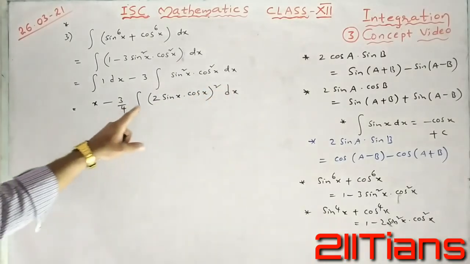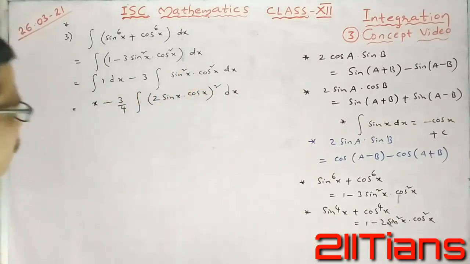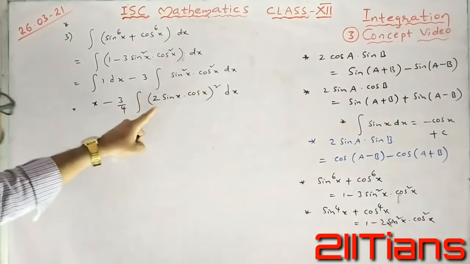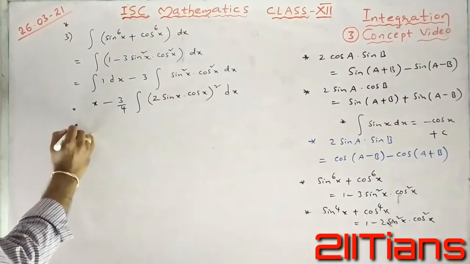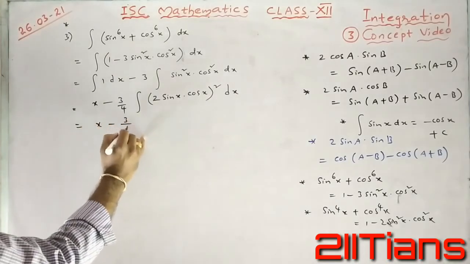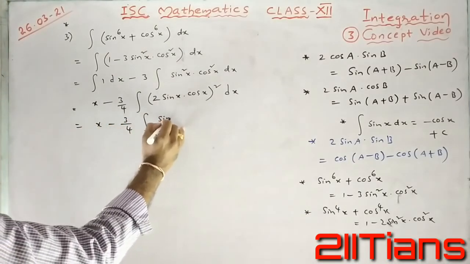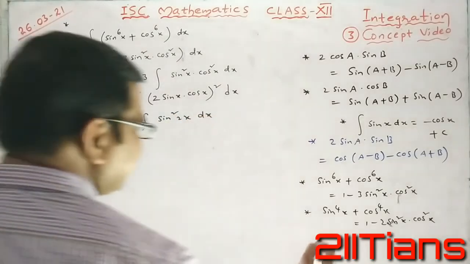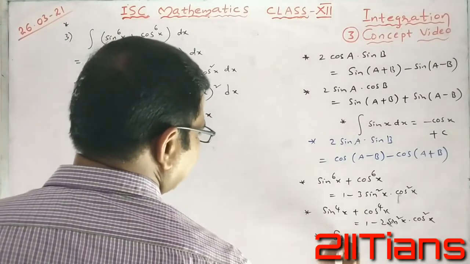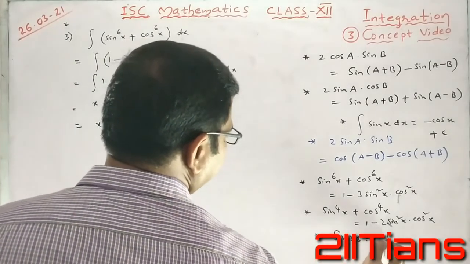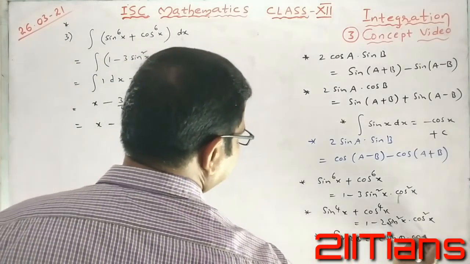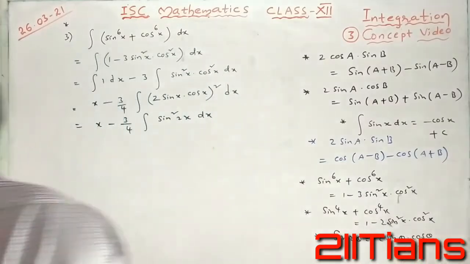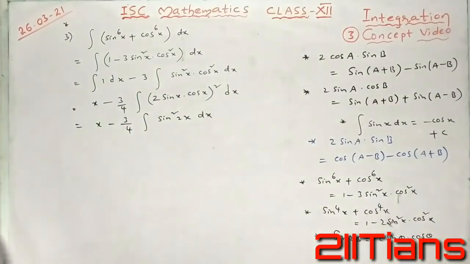What did I do here? 4 sin square x cos square x is written as 2 sin x cos x whole square. So x minus 3 by 4 times integral sin square 2x. You know sin 2 theta formula we have, 2 sin theta cos theta, right?